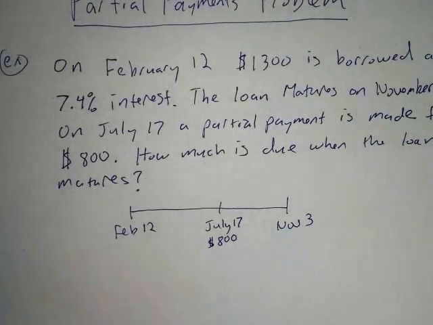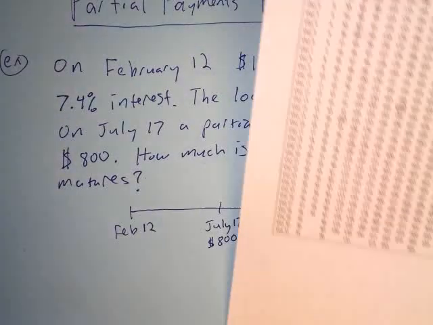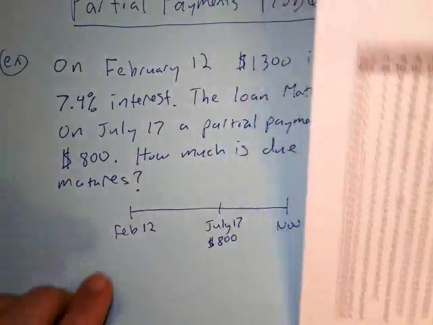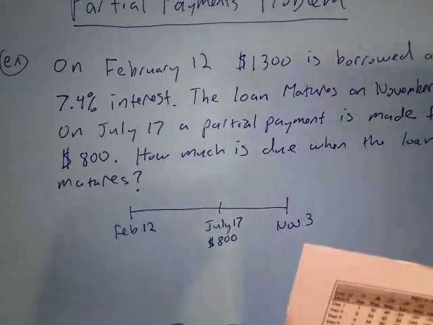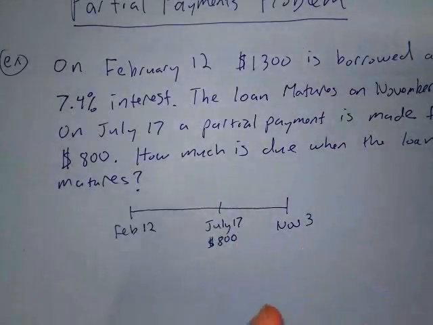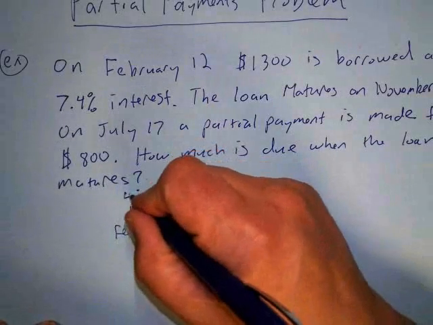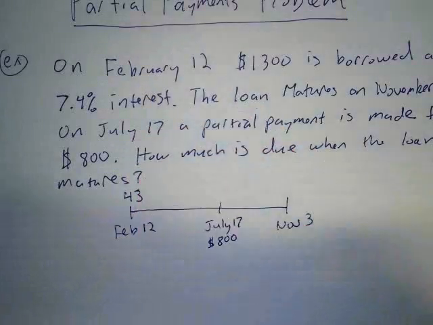So what we're going to need here is the days of the year table, right? And we're going to have to find what day of the year each of these dates is. So February 12th is the 43rd day of the year. So that would be 43.